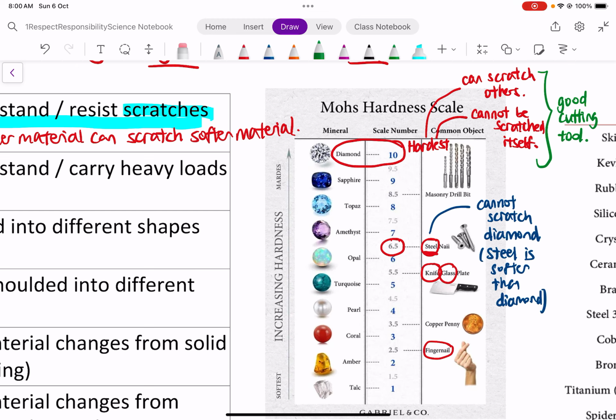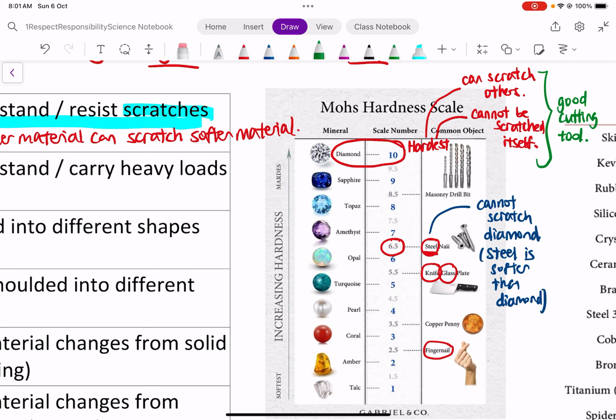It has a value of 6.5 on the Mohs hardness scale. But the best cutting tools are actually made out of diamond. Because diamond is able to not just cut through normal plastics, fibers. Diamond is also able to cut through things like metals. Diamond can also cut through things like gemstones like sapphire.